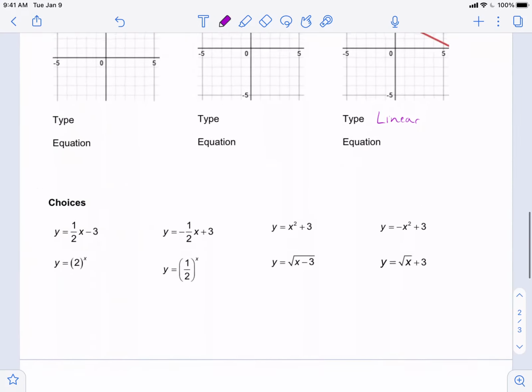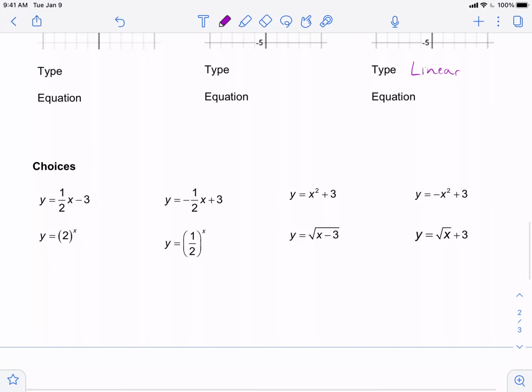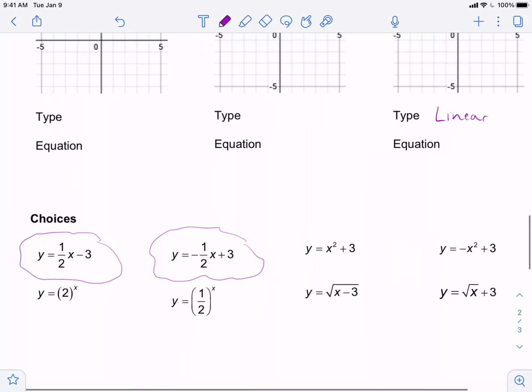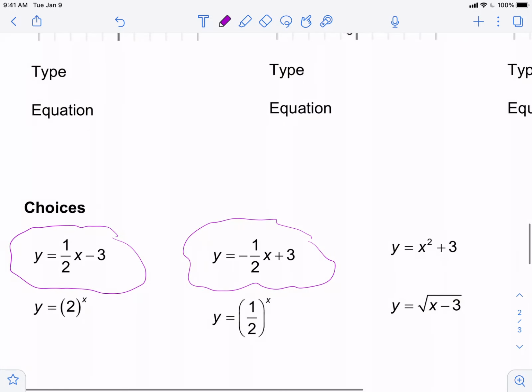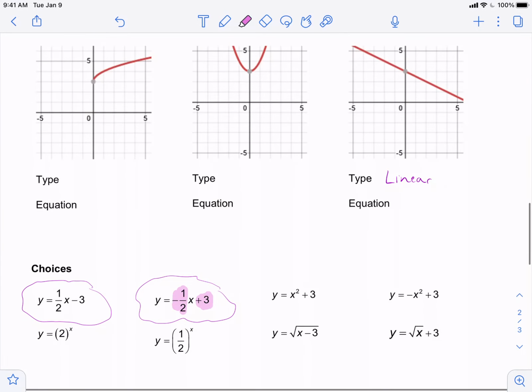Now, if we come over here and look at our equations, let's try to identify the ones that are linear. So this one is linear because it is y equals mx plus b, right? It fits that form. And then this one is actually linear. So this one's also y equals mx plus b. So now we just need to identify the differences. This first one has a negative slope, and it has a y-intercept of a positive 3.